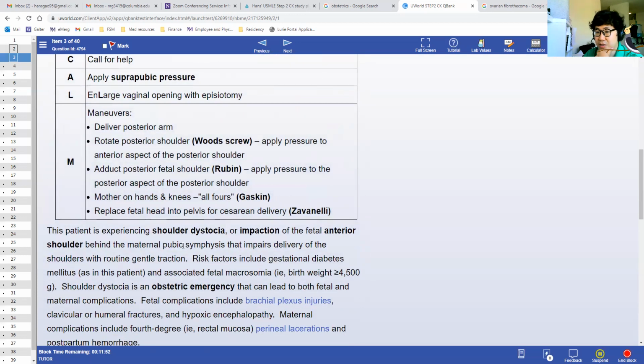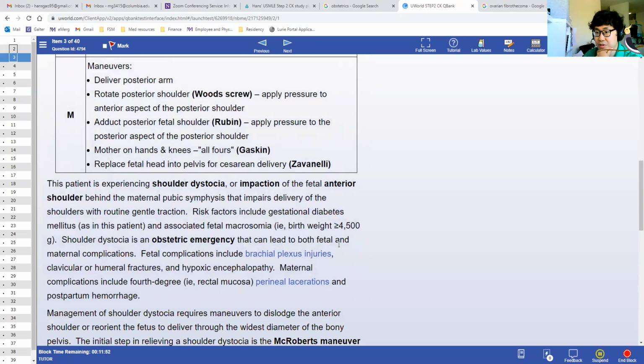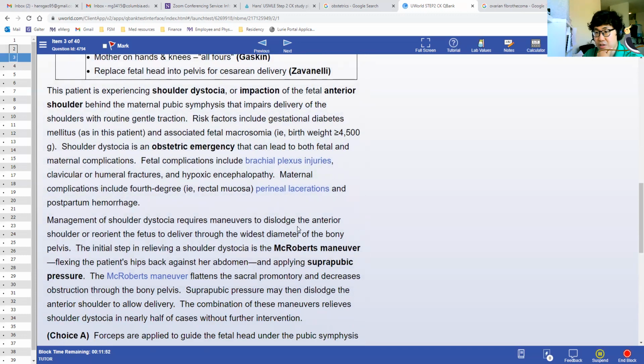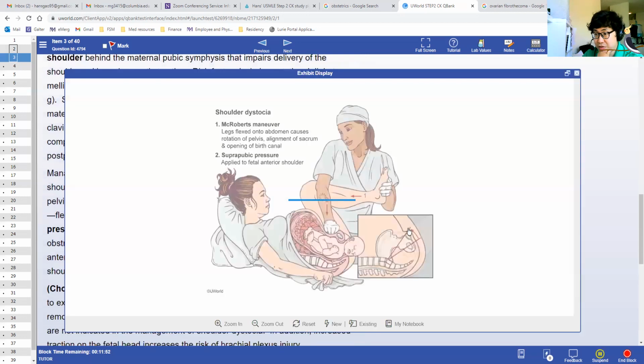All right, impaction of the anterior shoulder, an obstetric emergency. Maneuvers to dislodge the anterior shoulder. Initial step is the McRoberts maneuver, flexing the patient's hips against her abdomen, applying suprapubic pressure. Oh yeah, I've seen this done before too. Like the nurse literally jumped on the bed and then immediately started applying suprapubic pressure and doing this. So that's very cool, actually.